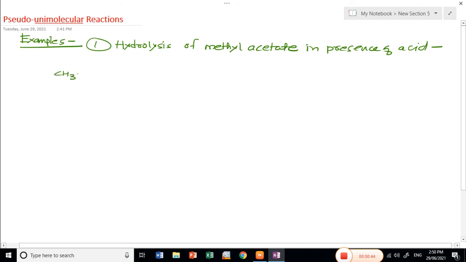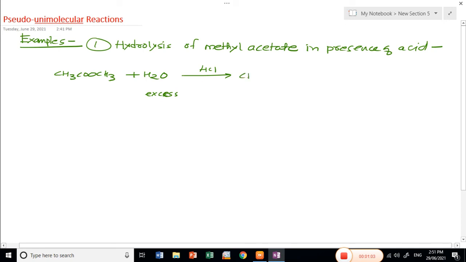So CH3COOCH3, this is methyl acetate, plus H2O, means hydrolysis, the water present in excess amount, and HCl acid acts as catalyst.